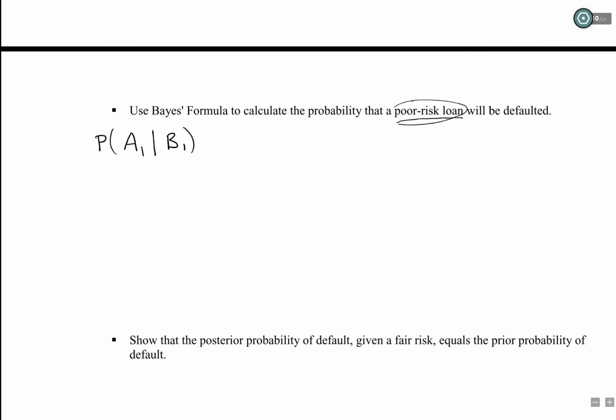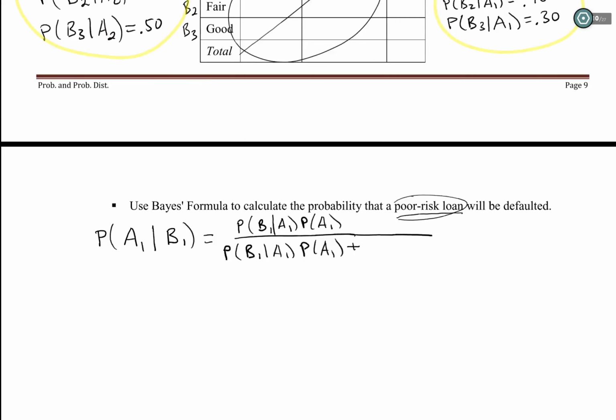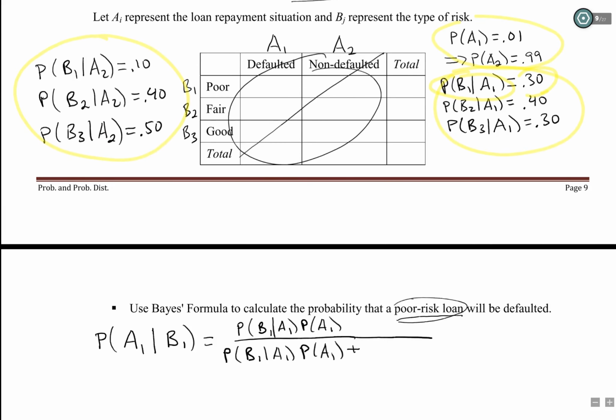If I apply Bayes' formula, I would have the probability of B1 given A1 times the probability of A1, divided by the same thing, P of B1 given A1 times P of A1. Then I have to cycle through this conditional probability and this prior probability again, but go to the next state of nature. There's only one other state of nature here, and that's the non-default situation.